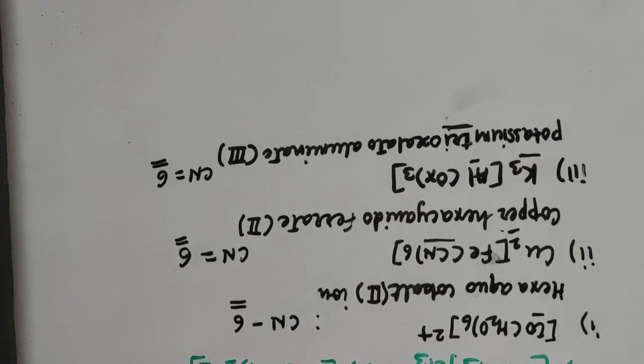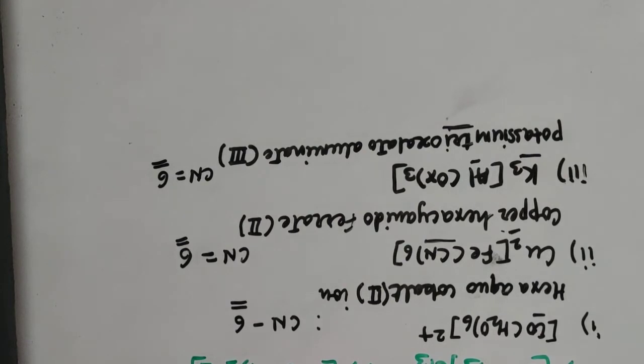But wherever a number is already there in the name, you are supposed to use prefixes to indicate the actual number of that ligand attached to the central metal ion, like bis, tris or tetrakis.